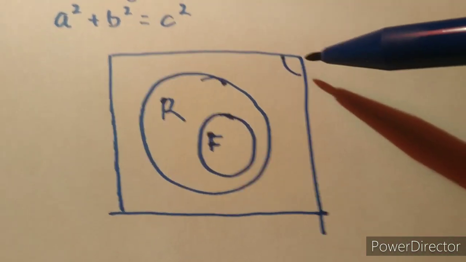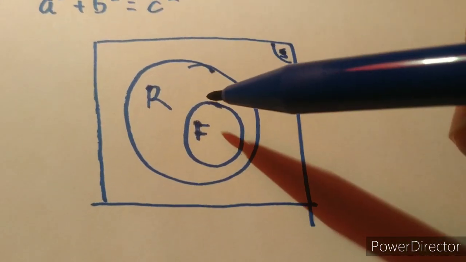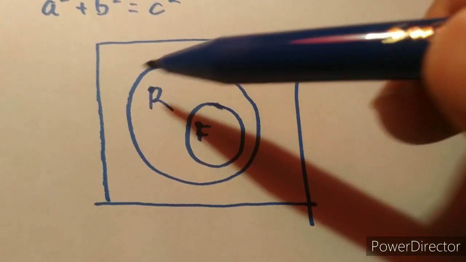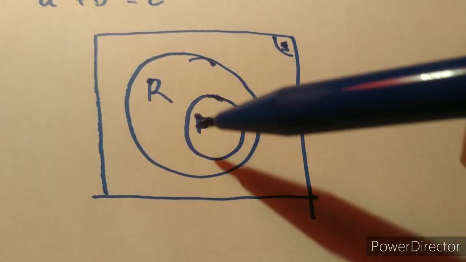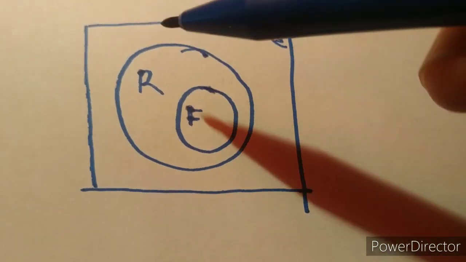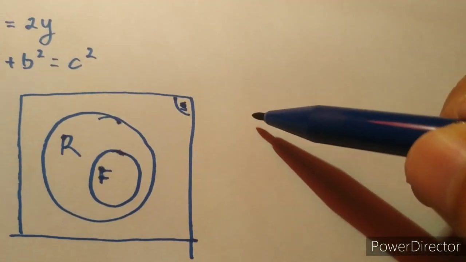Because this is a Venn diagram, it means that not all relations are functions, but all functions are relations.